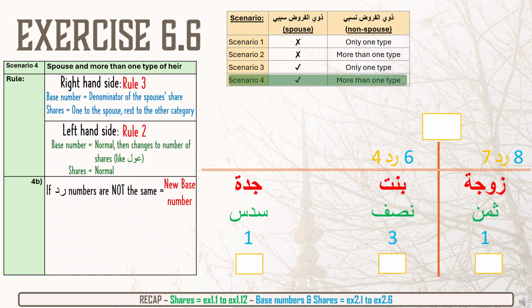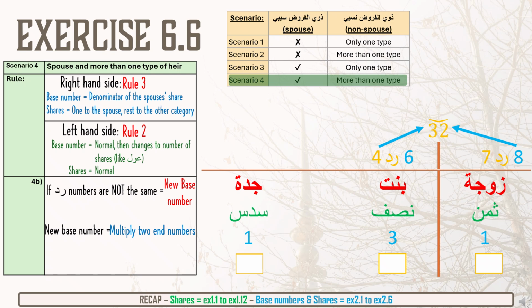Well, to get the new base number, we multiply the two end numbers. So we multiply the 4 on the left hand side, and we multiply the 8 on the right hand side. So 4 times 8 is 32. As you can see with the blue arrows, that will now be the new base number.